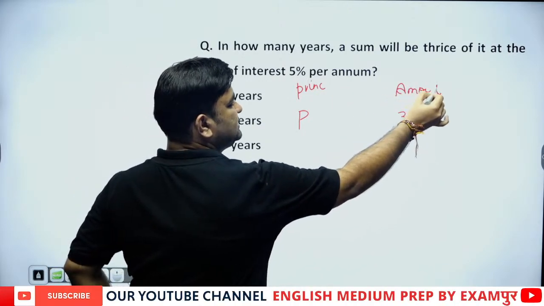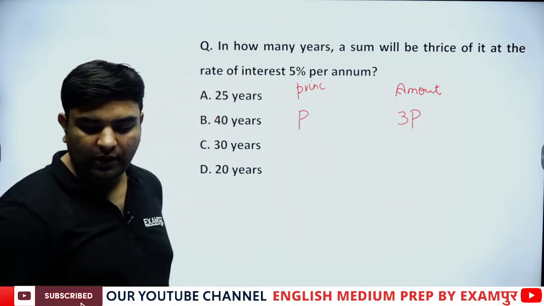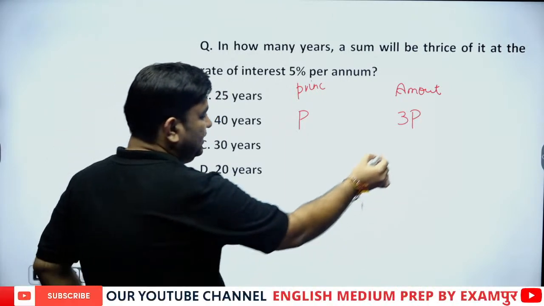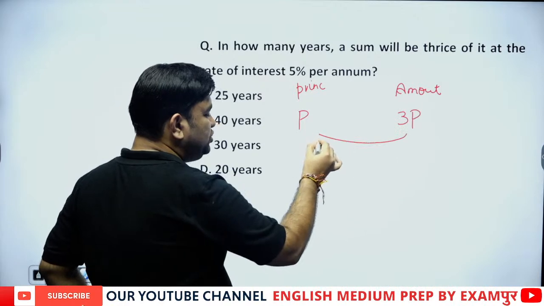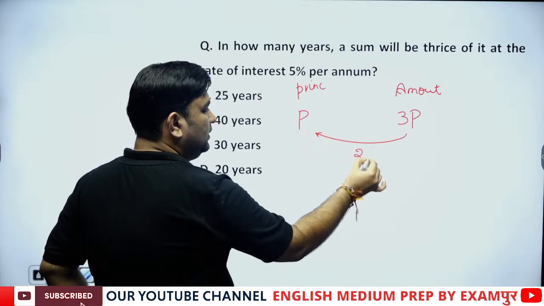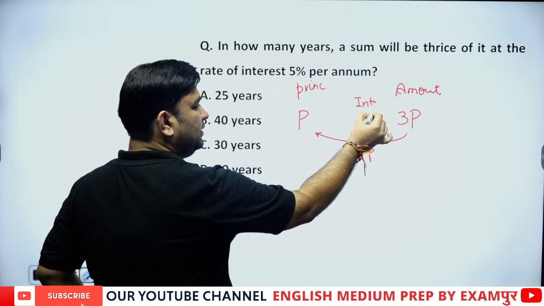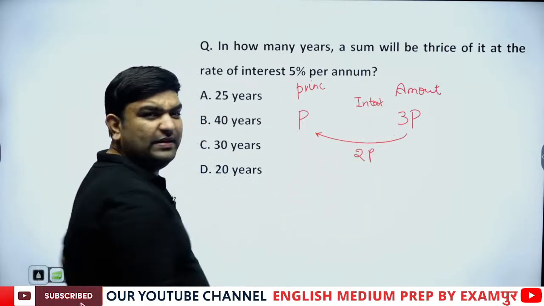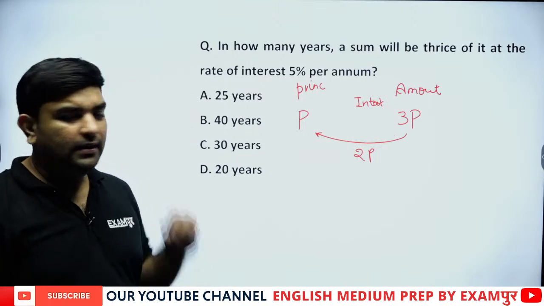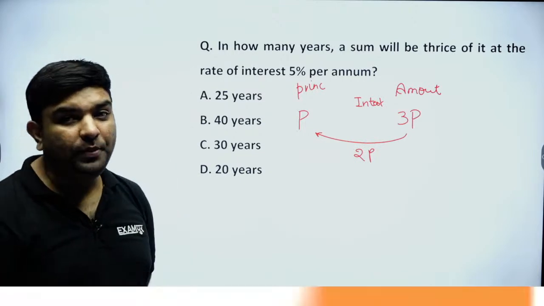In how many years? So can I say the interest is 3P minus P, 2P? Obviously.